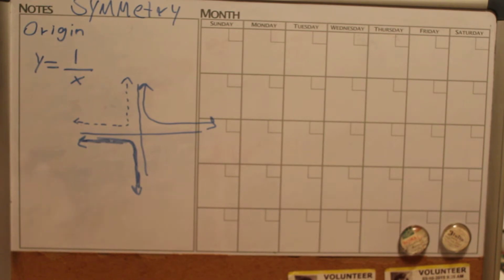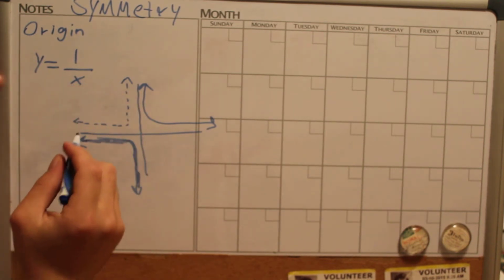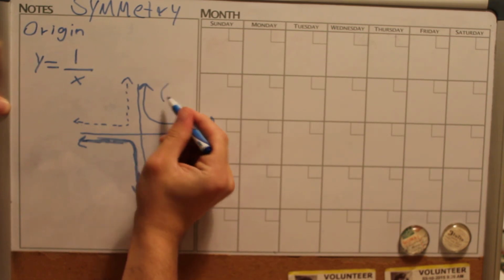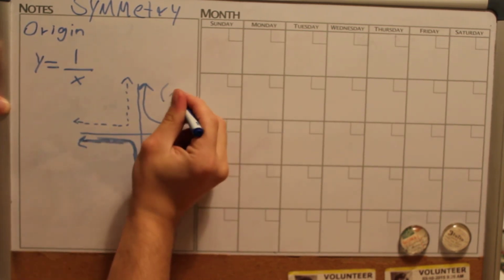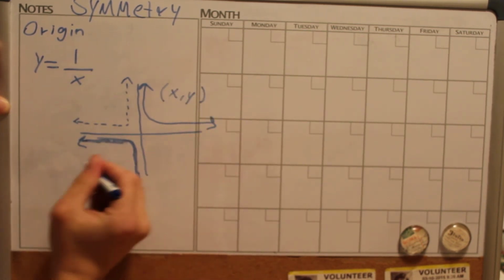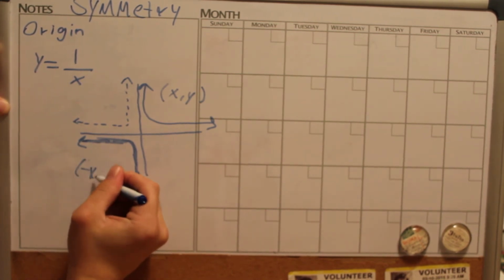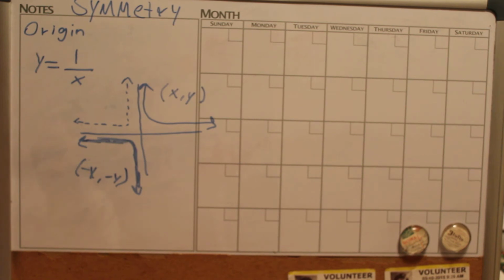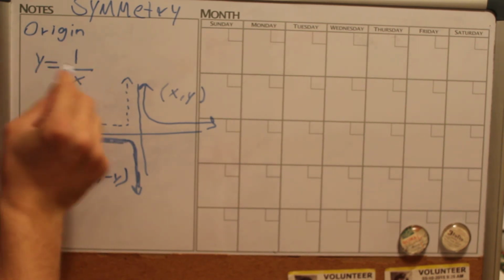And that's what origin of symmetry means. And your ordered pair would be x, y here, and then negative x, negative y here.